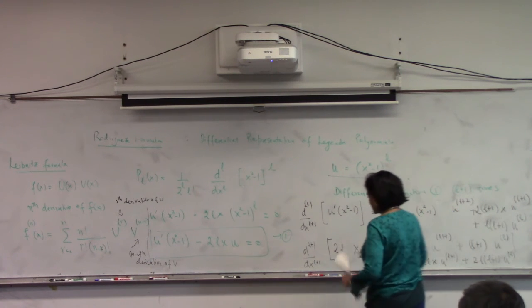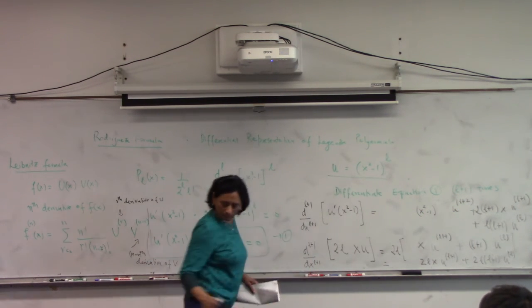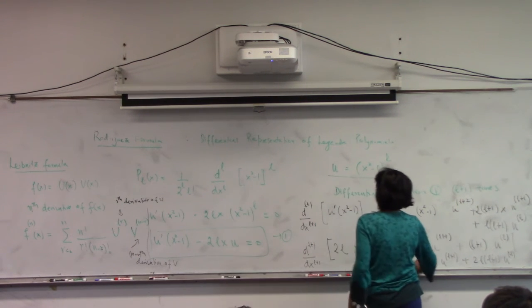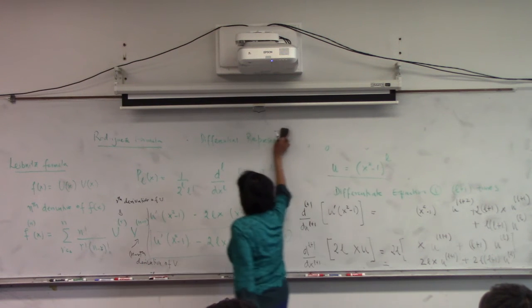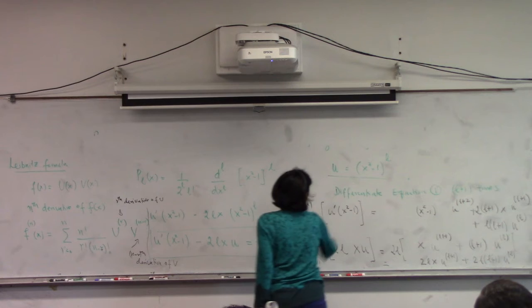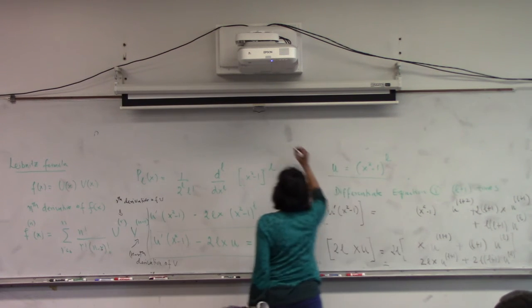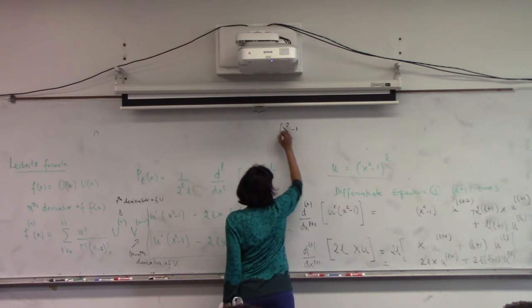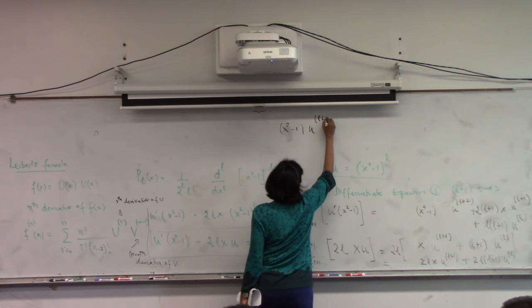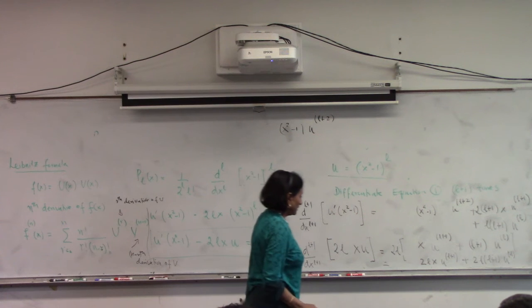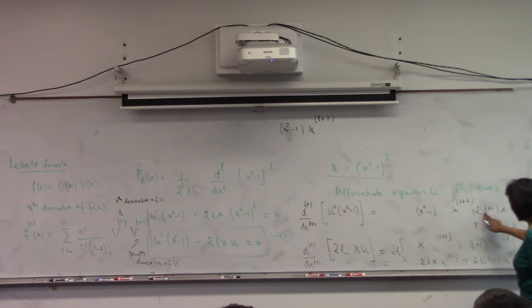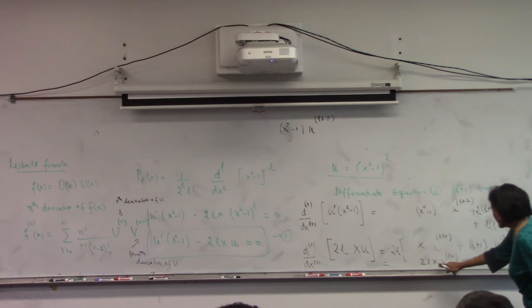So I have the leading term. What do we get? That is x squared minus 1 times the L plus 2th derivative of u, I will get. And here I'm going to subtract 2Lx, so that will cancel with that term.